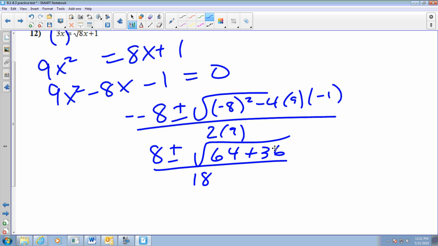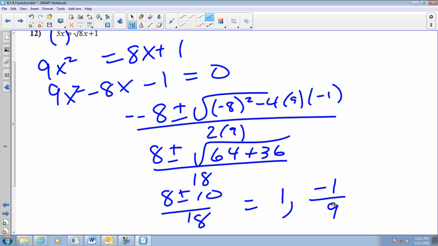I know 64 plus 36 is 100, and the square root of 100 is 10. And so I get 8 plus 10 is 18. 18 divided by 18 gives me 1. 8 minus 10 gives me negative 2 over 18, simplified gives me negative 1/9.